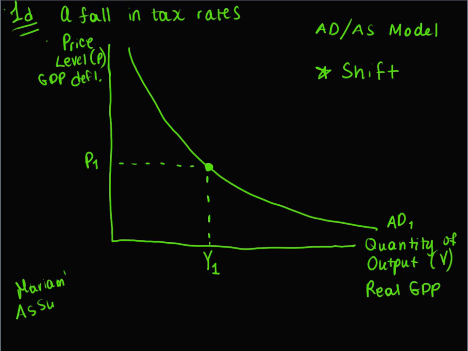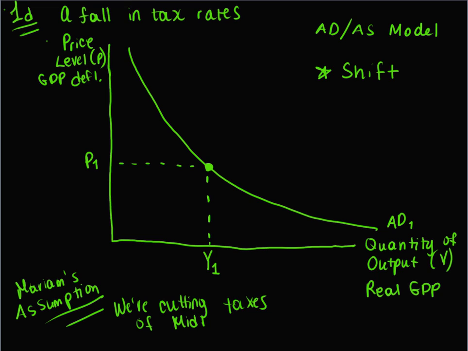So if that happens, then I think we would see an increase in aggregate demand because what we would see is that people, if the tax rates fall, don't have to pay as much in taxes. And if they don't have to pay as much in taxes and don't have to give that money to the government, then those people will take that money and go and spend it in the economy.